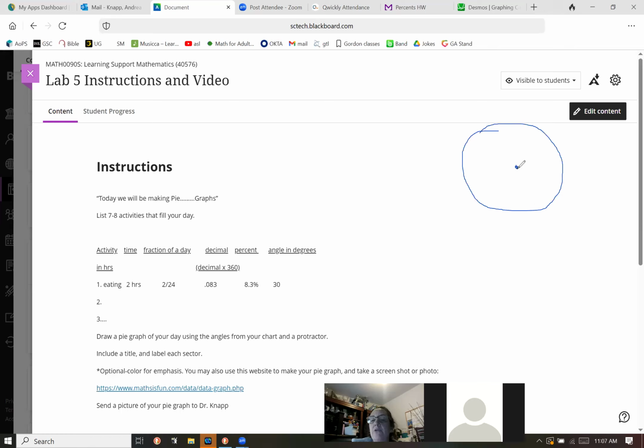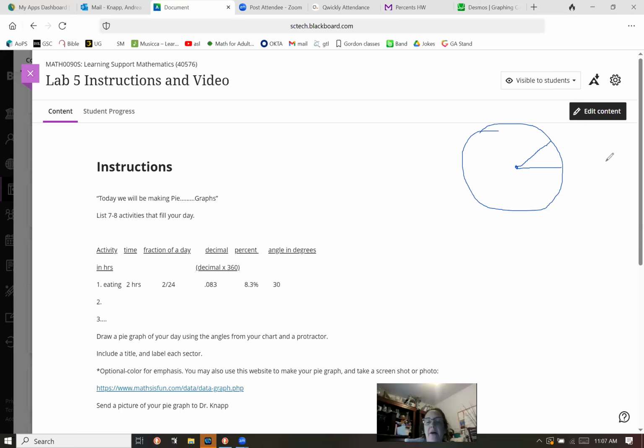You can get out a protractor and measure this, or you can Google an online protractor to help you figure out how many degrees that would be. So here we have 30 degrees for your category of eating.